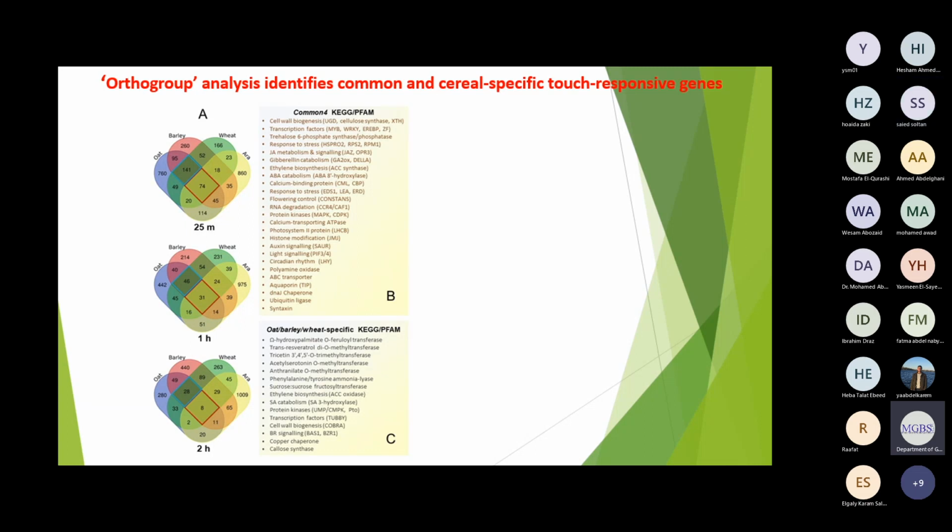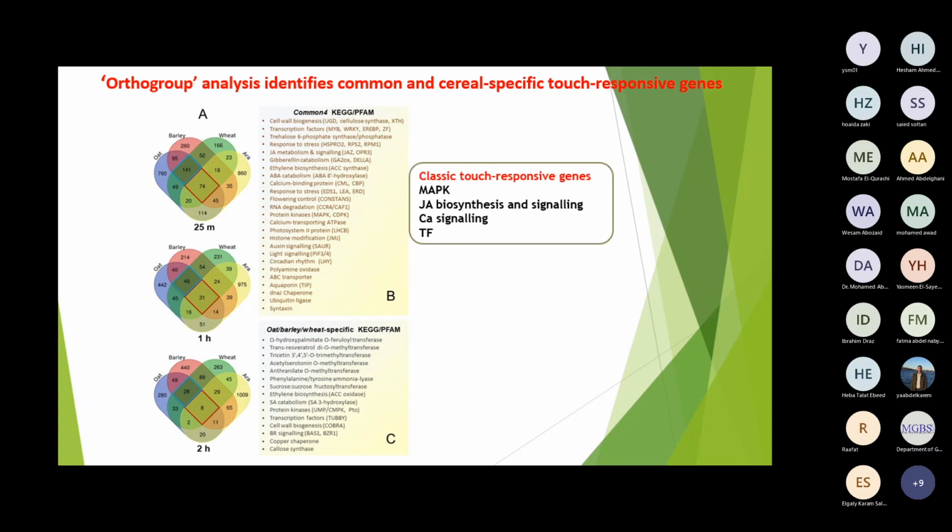And a good thing is that we found a unique orthogroup only found in cereal, meaning only found in the three species. So to dig in and study what is common in these four, we found that they share the basics, like classic touch responsive genes, MAP kinase, jasmonic acid biosynthesis, calcium signaling and transcription factors.